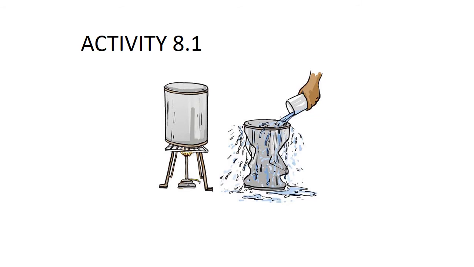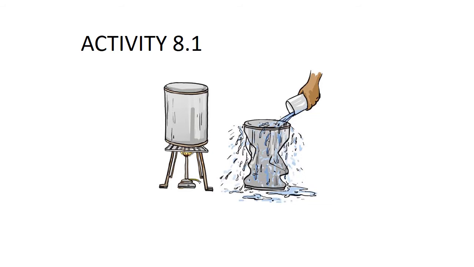So in this experiment, what you are going to do is, you need to boil water. Take a tin can with a lid. You can see it in the picture. Fill it approximately half with water. Then heat it on the flame till the water boils.